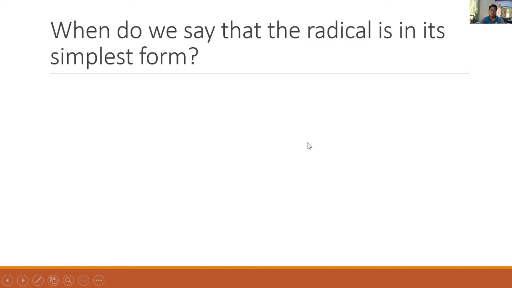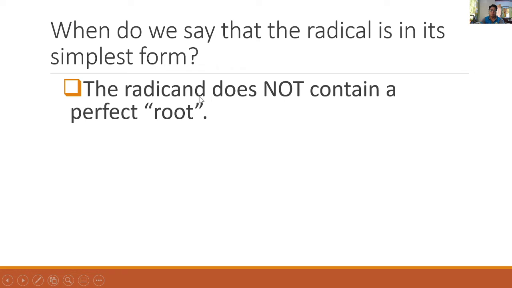Now, when do we say that the radical is in its simplest form? Kailan natin masasabi na yung radical po pala natin, yan na yung pinaka-simplest form ng radical. First is if the radicand does not contain a perfect root. So kung square root yan, hindi na perfect square. Wala nang kino-contain na perfect square yung radicand.